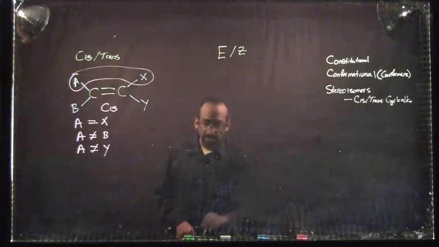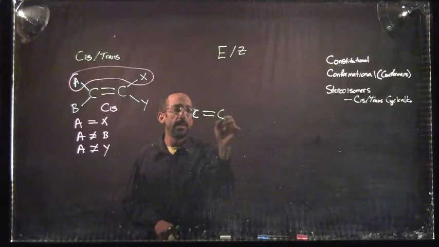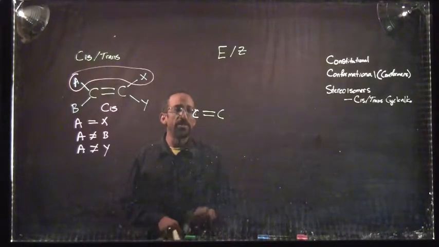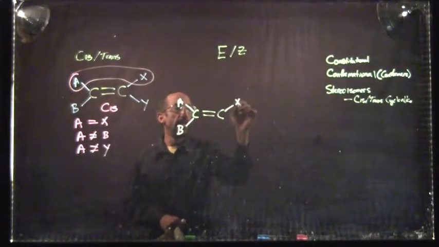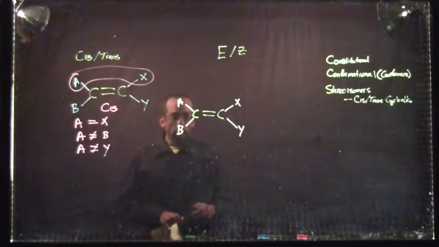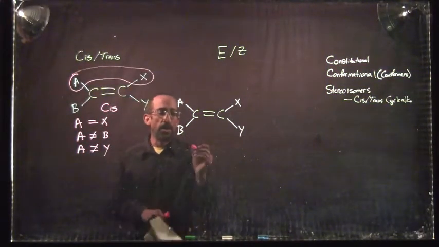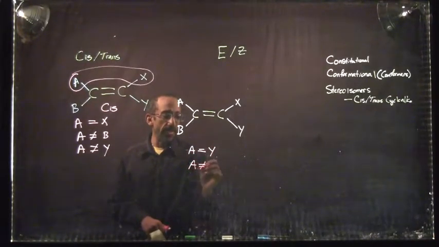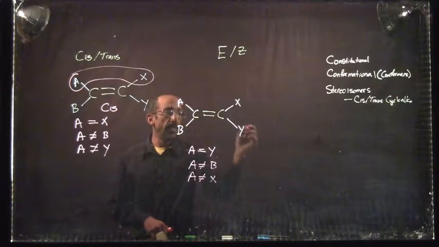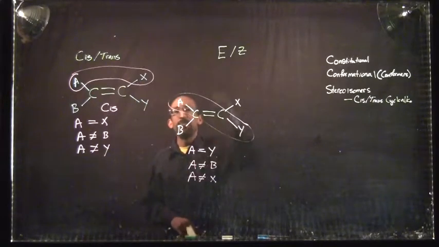However, if we take that same alkene and do a slightly different scenario, so here I have my two carbons, and I'm going to put in my four substituents again, A, B, X, and Y. But this time, I'm going to have A be the same as Y. It is different than B, and it is different than X. Now I have two substituents that are the same, but are on opposite faces of this alkene.